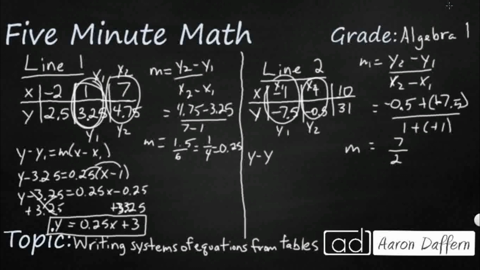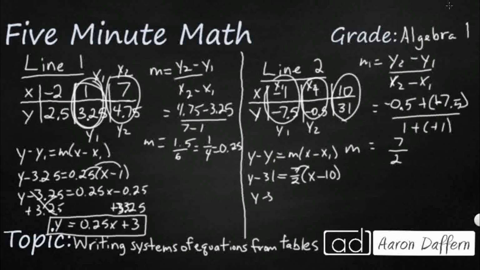Now let's plug this into our point slope. y minus y1 equals my m times x minus x1. And you know what? Let's use that last point because there's no decimals there. So y minus 31 equals my slope of 7/2 times x minus, and then my x1 is 10.